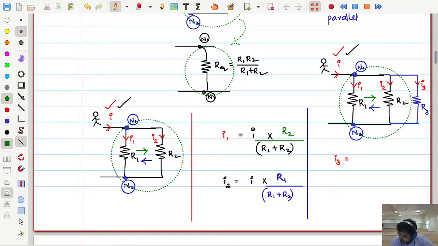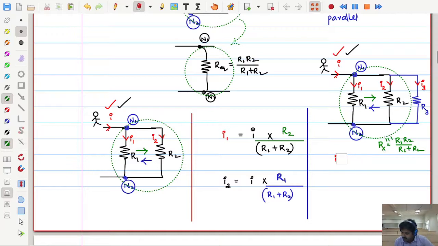See, this green color box represents two resistors connected in parallel. What are they? R1 and R2. What is their equivalent? R1 into R2 by R1 plus R2. Let us call this Rx. Rx is the total value of this dotted circle.